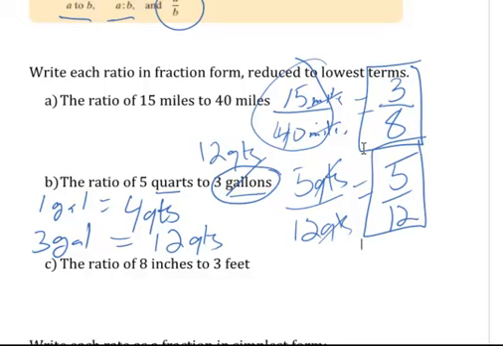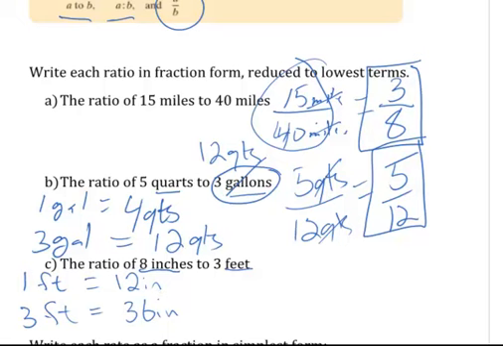Now the next part here says let's write the ratio of 8 inches to 3 feet. Again, first thing I notice, my units don't match up. But I know that 1 foot is the same thing as 12 inches. So then it makes sense to say, well then 3 feet would have to be 36 inches.